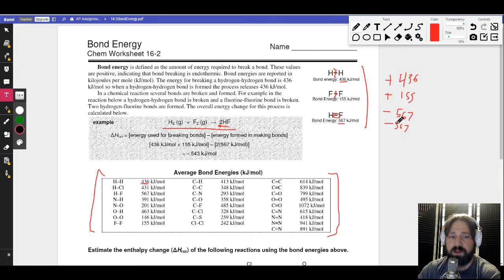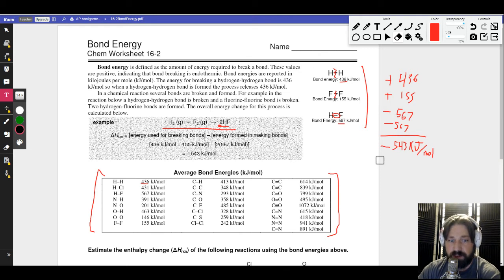Then I can go through and sum all of this together. If I sum all of this, it turns out to be negative 543 kilojoules per mole. So now we know how much energy should be released or absorbed with this reaction. Since it's negative here, we know that it is going to be energy being released.